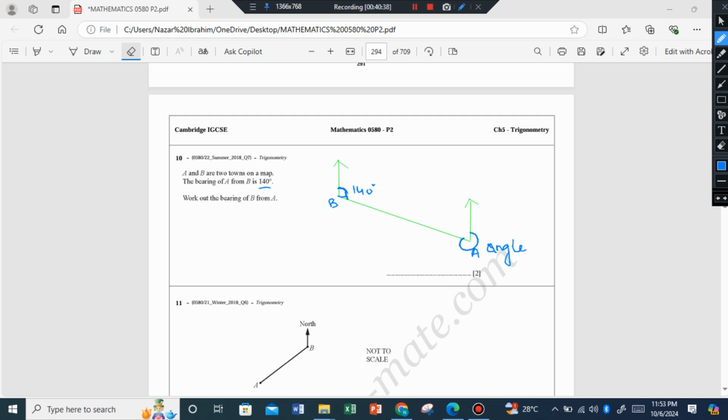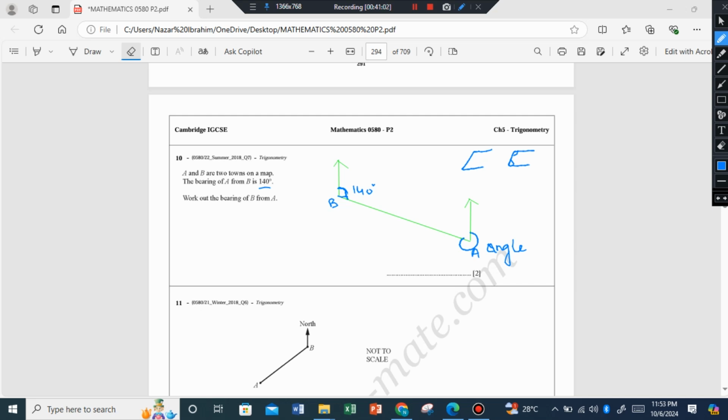If two parallel lines are intersected like this, the angles inside are called interior angles, and their sum is equal to 180. It means supplementary.